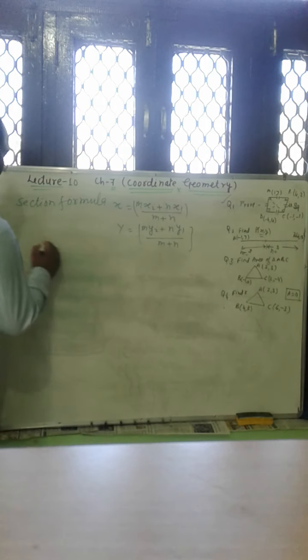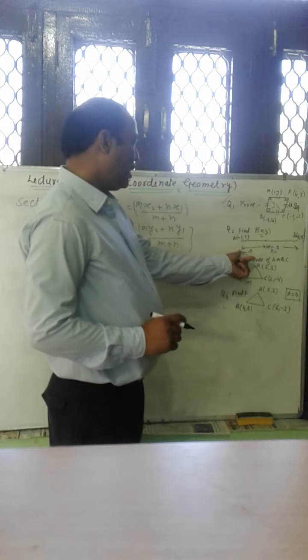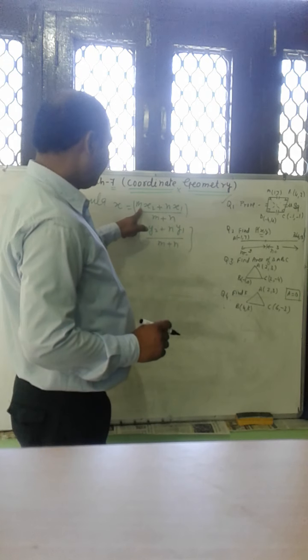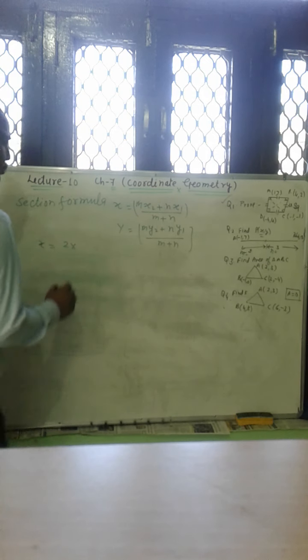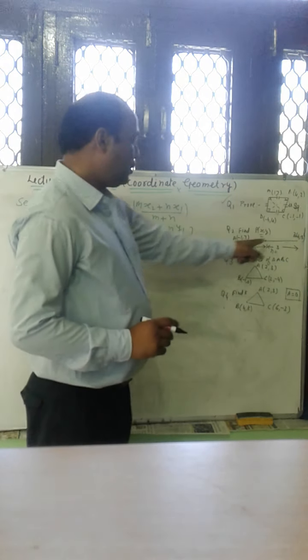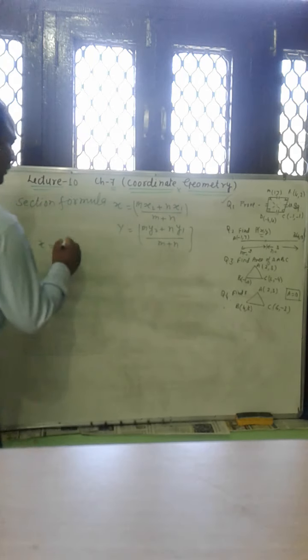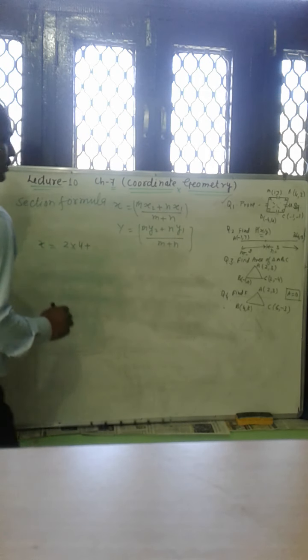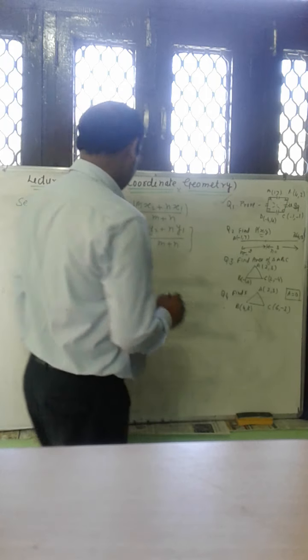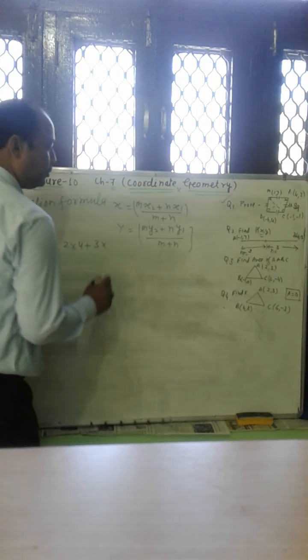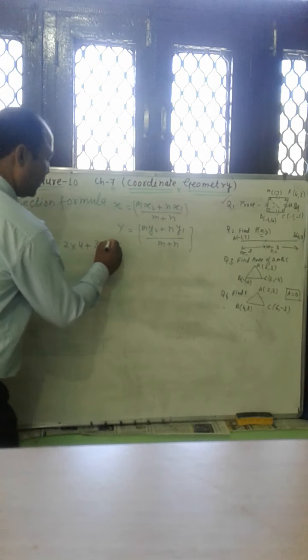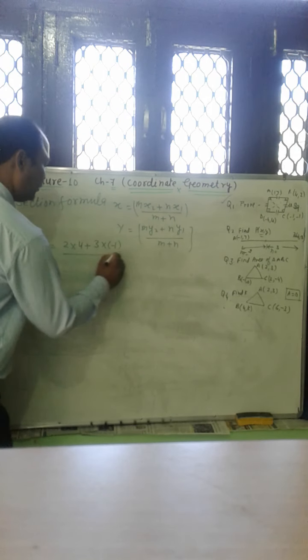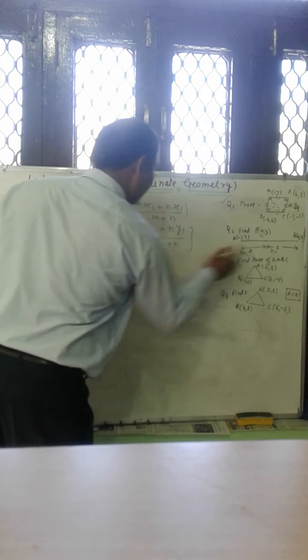Okay, so now x is equal to, here m means 2, so 2 into x2, which is 4, plus n which is 3, into x1 which is minus 1, upon 2 plus 3.